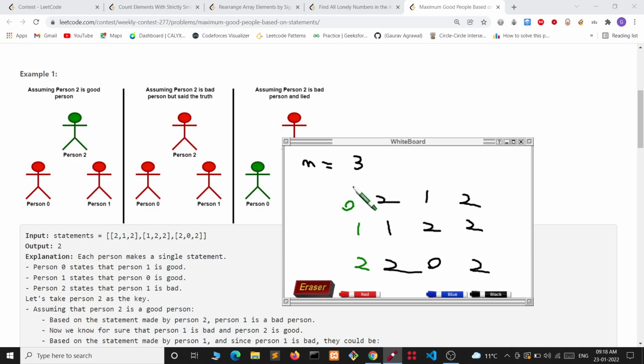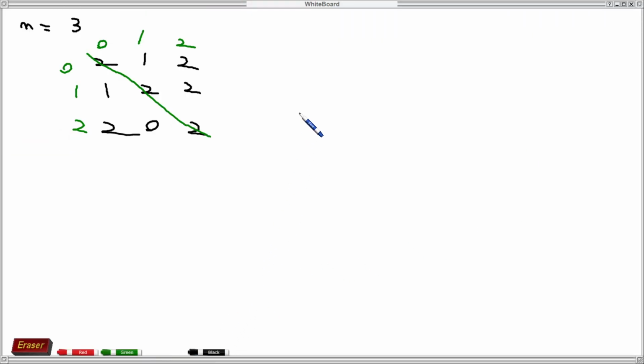Let's say this is for i and this is for j. We don't need to care about them. Now we want to maximize the number of good persons.